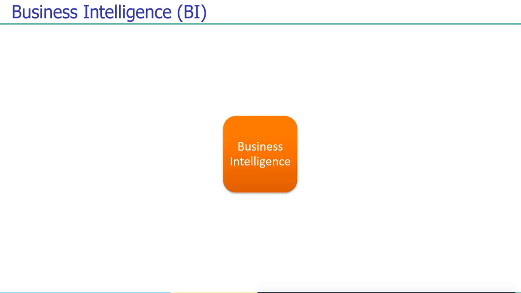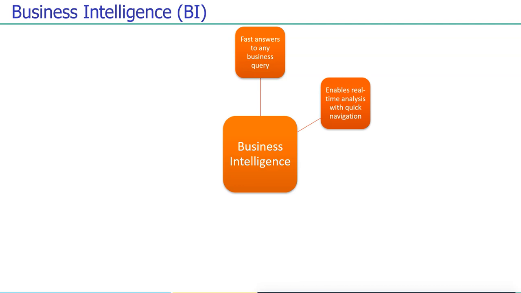So what is the use of business intelligence? Business intelligence is all about getting intelligence from business data. You can get fast answers to your business queries after analyzing the data, which also enables real-time quick navigation. You can have quicker analysis of your data by just writing a couple of words, right?